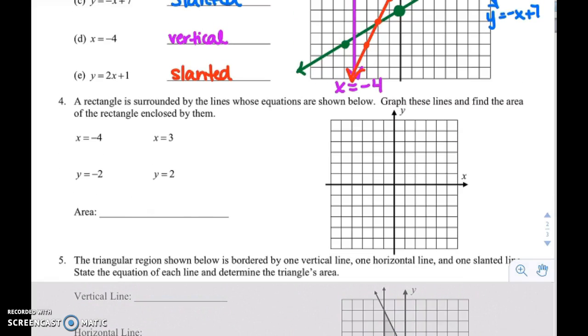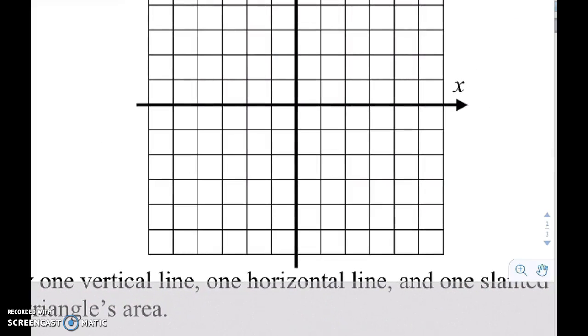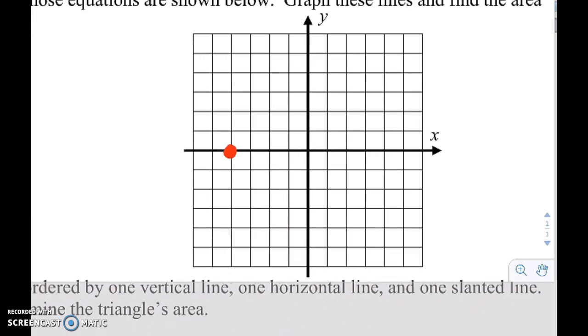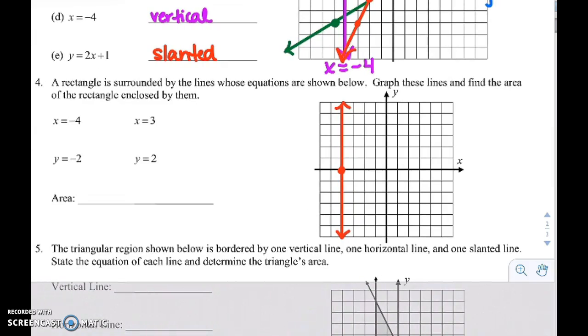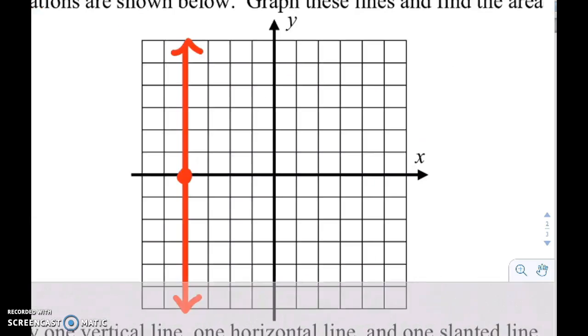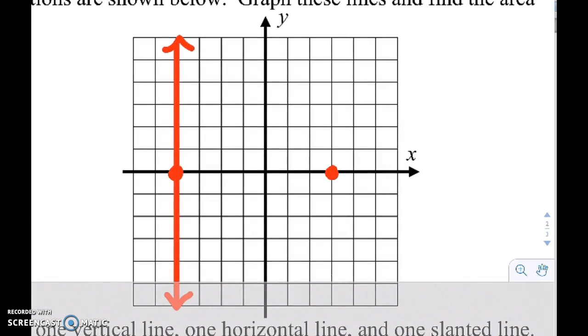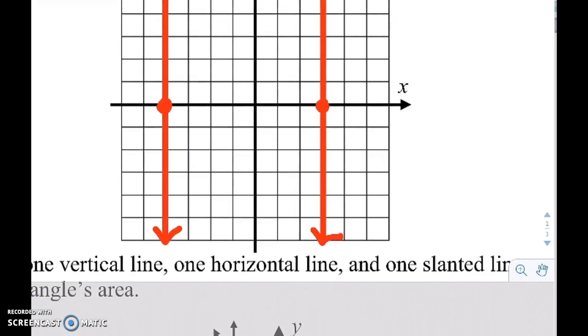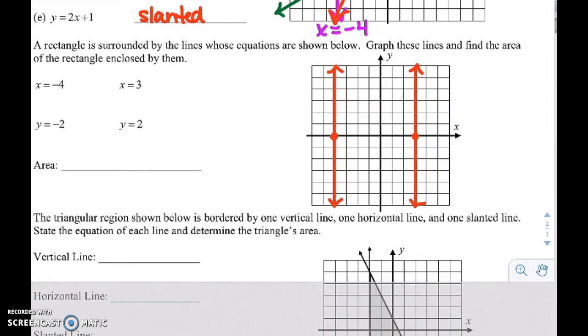All right, x equals negative 4. X equals lines intersect the x-axis. That line looks like this. X equals 3. Put your point at 3. Vertical line. Y equals negative 2.